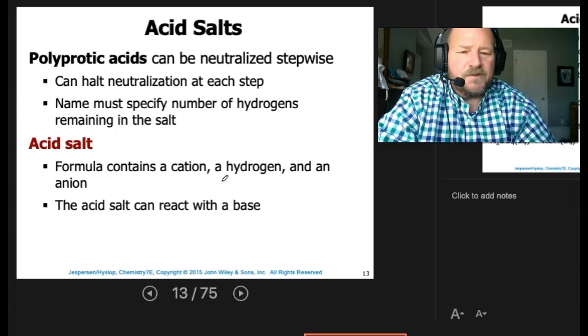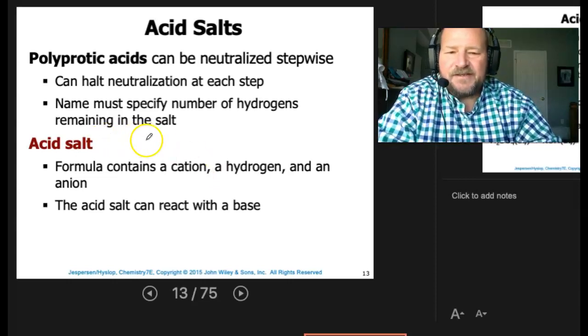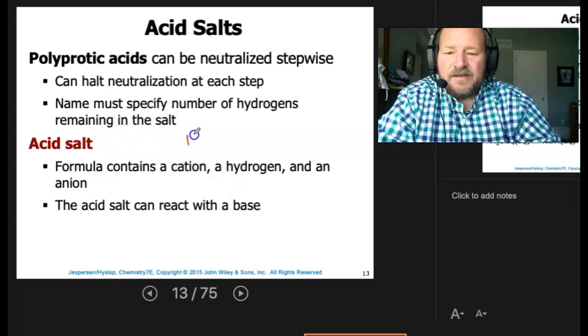So if you're not sure what we're saying here, what we mean when we say an acid salt is if I think about a polyprotic acid, something like, say, H2SO4, and if you reflect back to an earlier segment, we showed how this can dissociate to give us H plus HSO4 minus.